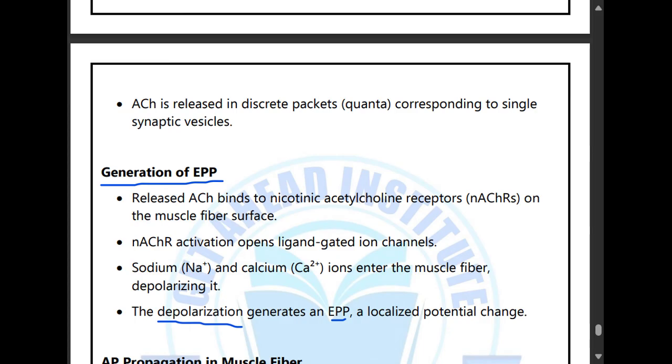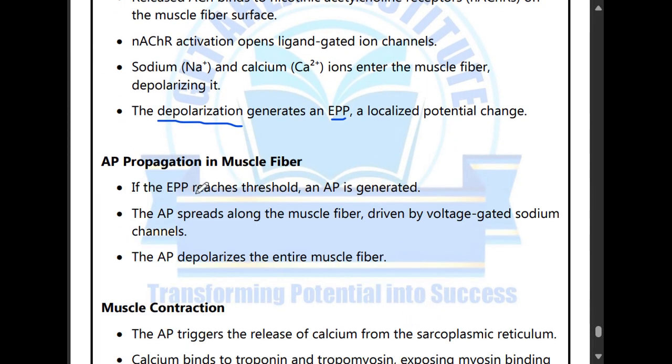Okay, now from there we go to the other subheading, which is action potential propagation in muscle fiber. So if the end plate potential reaches threshold, an action potential will be generated. After it has been generated, it will need to be propagated in the muscle fiber. The action potential will spread along the muscle fiber, and this is driven by the voltage gated sodium channels.